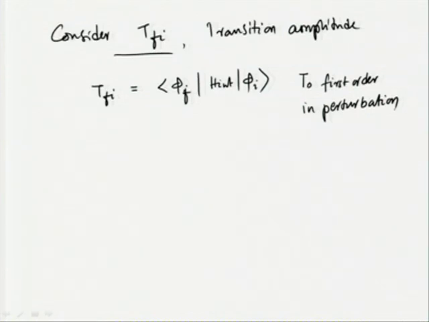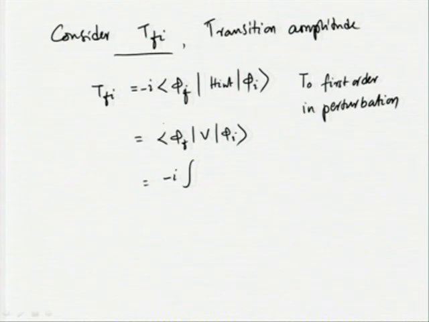So, if you consider the perturbation theory, to first order, the transition amplitude is given in this fashion. So, in our case, when we actually have interaction written in terms of the potential, it is basically phi f star V phi I, and for us this is minus i times the interaction.